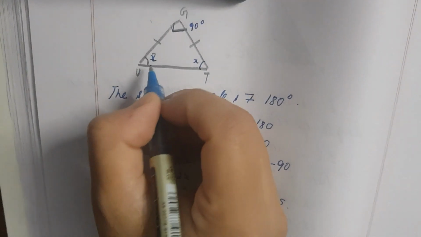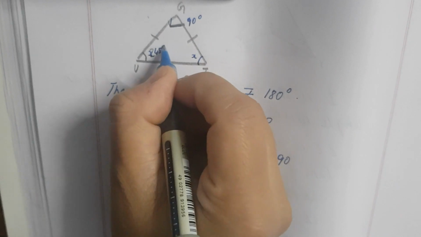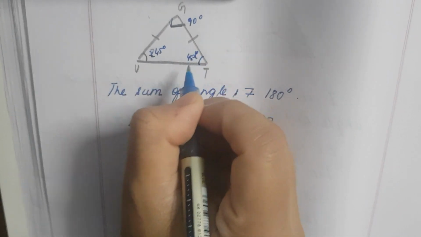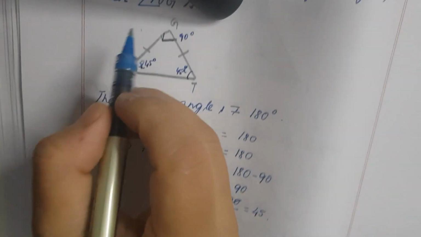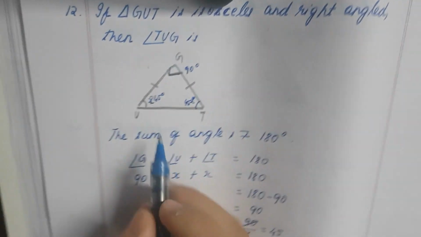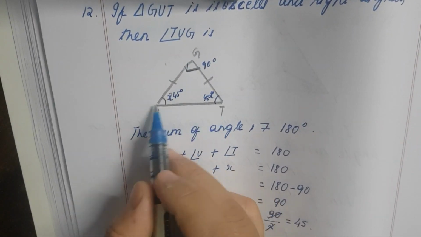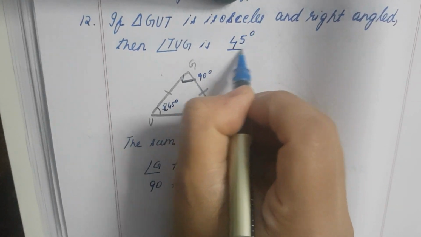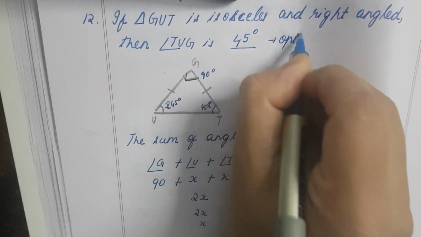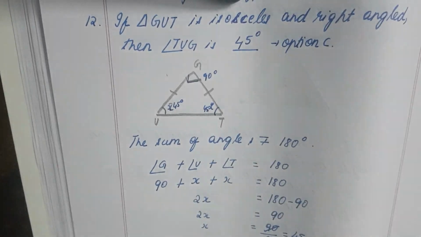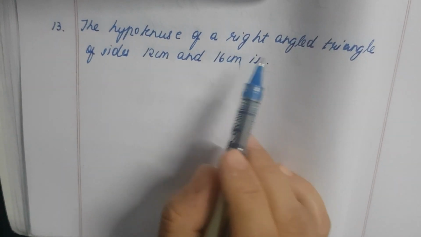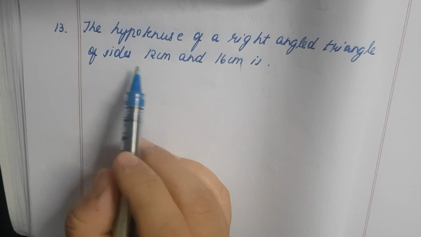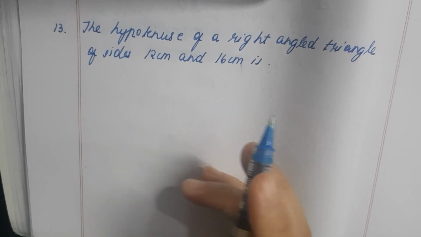So this is 45 degrees, and this is also 45 degrees. So therefore the angle TUG, that is this is TUG, is 45 degrees. Okay, option C.